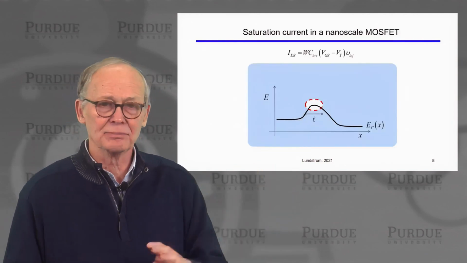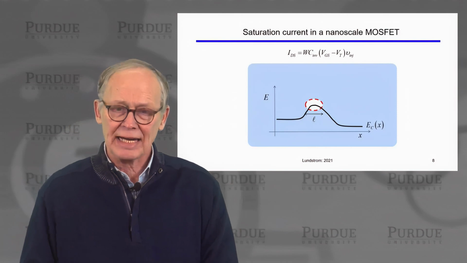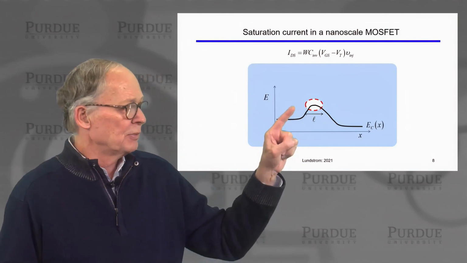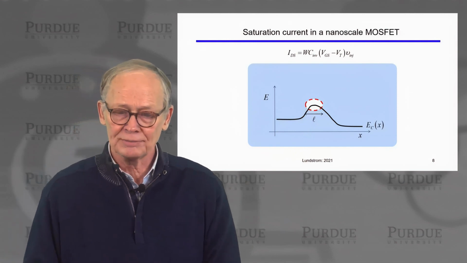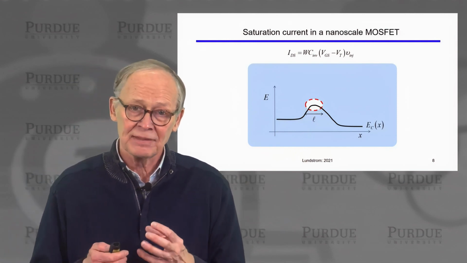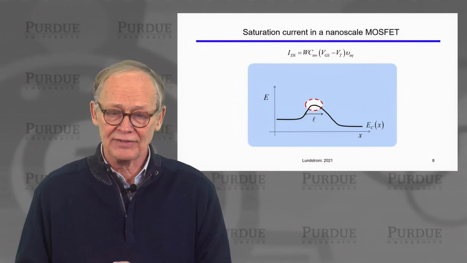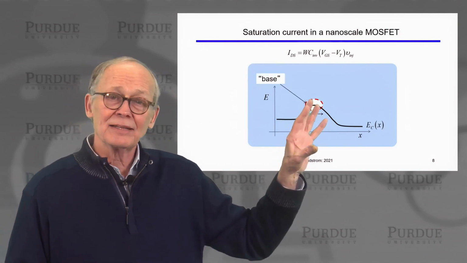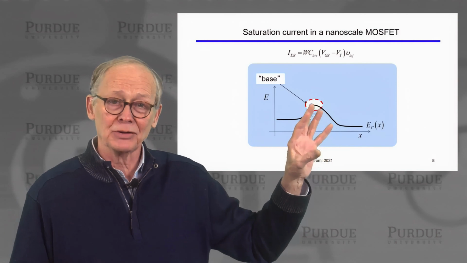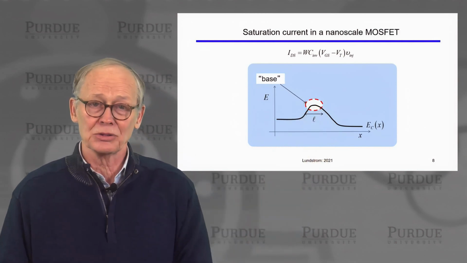Let's take a look at our band diagram under high VDS conditions. Remember, there's a bottleneck region that is a length script L long. That's the critical region that limits the current flow under high VDS conditions. Now, this looks something like the base of a bipolar transistor, for those of you who are familiar with bipolar transistors.